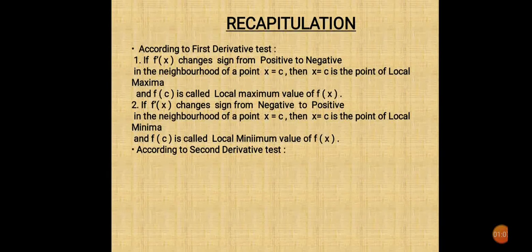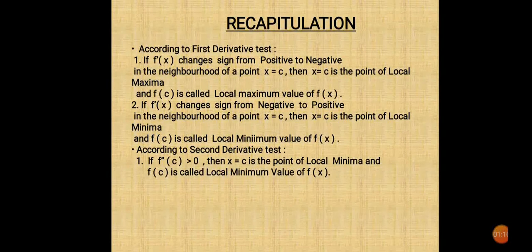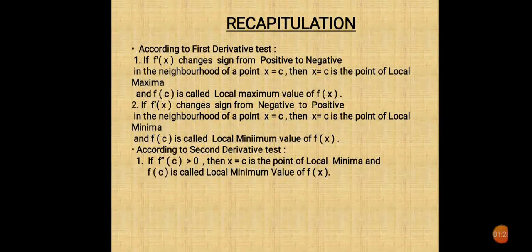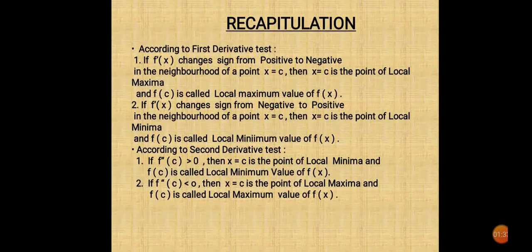And according to the second derivative test, if f double dash c is positive, that is double derivative at the point x is equal to c is positive, then x is equal to c is the point of local minima and fc is called the local minimum value of fx. And if f double dash c is negative, then x is equal to c is the point of local maxima and fc is called the local maximum value of the function fx.